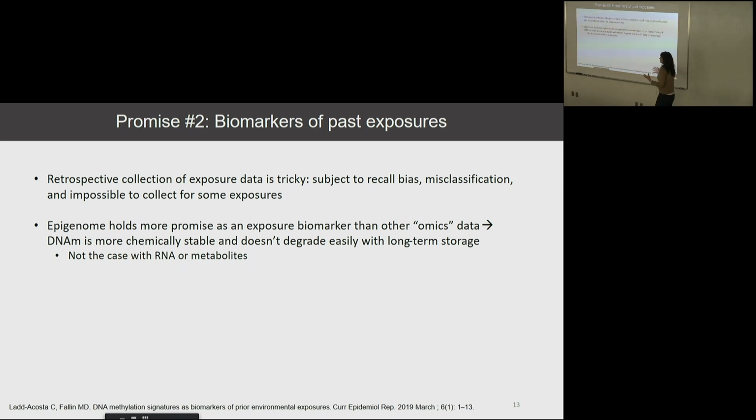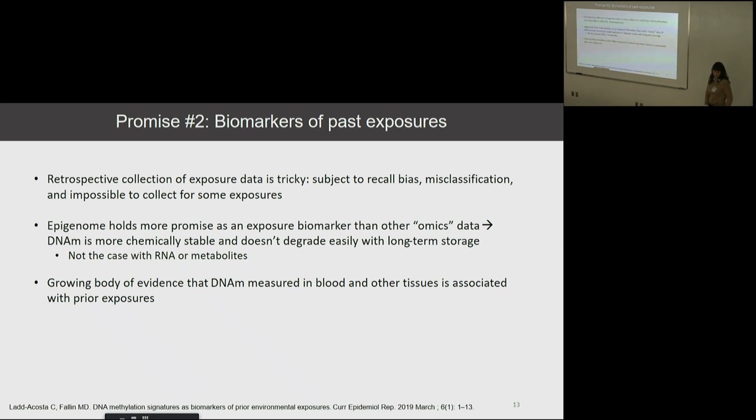For example, people have long used metabolites, especially cotinine, which is a metabolite present in the blood if you've been smoking cigarettes. That is a good way to see if someone's a smoker, but those metabolites only linger in the blood for about a day. RNA, similarly, the transcript will be floating around in a cell, but it quickly gets degraded, and it's very hard to preserve RNA over long periods of time.